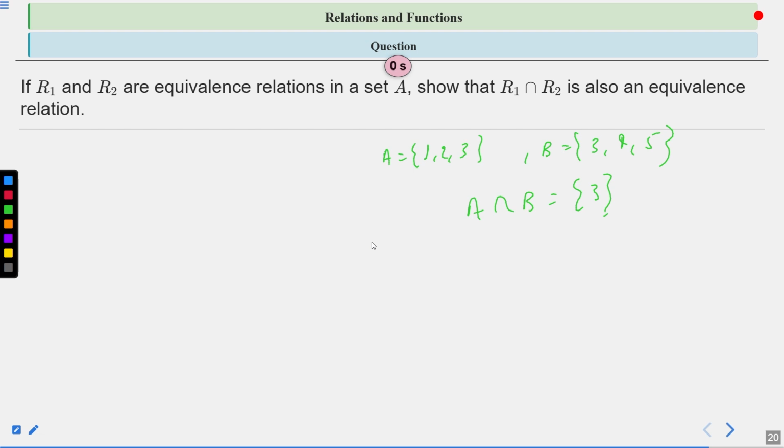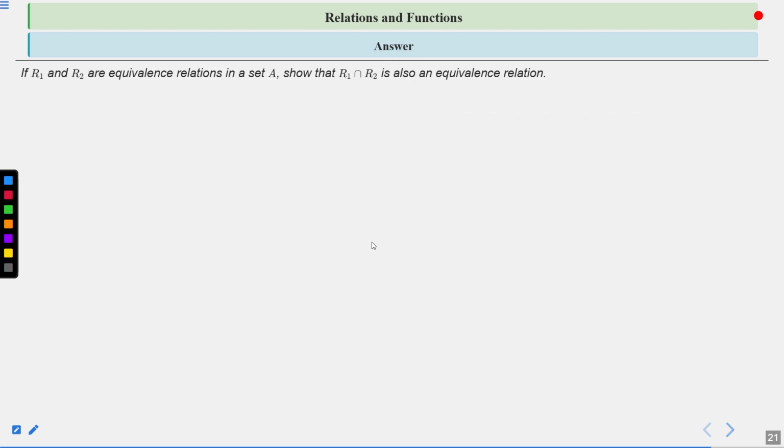Okay, let us move to the solution part. The question says if R1 and R2 are equivalence relations in set A, we have to show that R1 intersection R2 is also an equivalence relation. So let us see the solution.